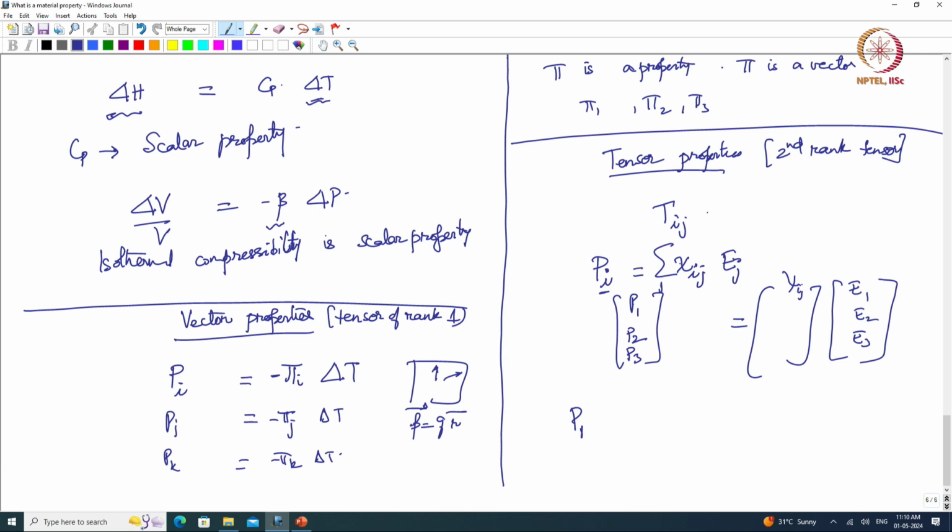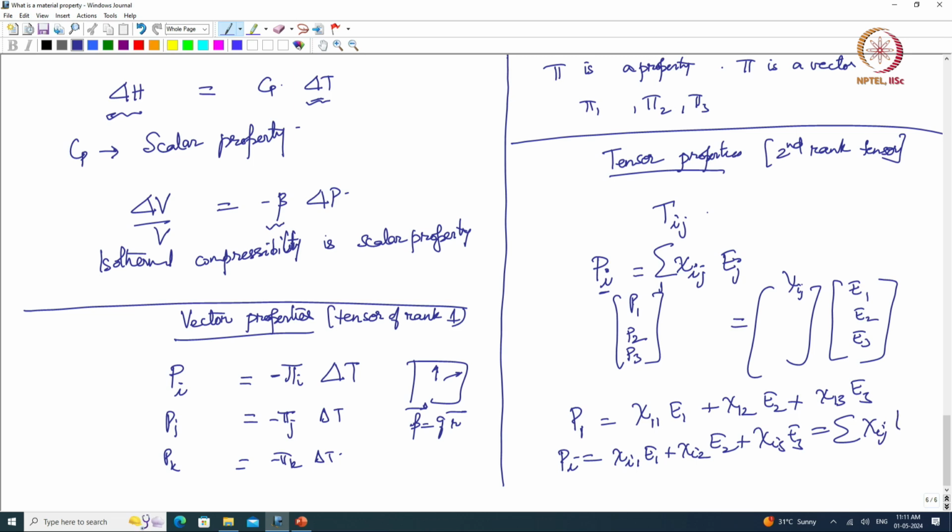I can write P1 as chi_11 E1 plus chi_12 E2 plus chi_13 E3. In general I can write Pi as chi_i1 E1 plus chi_i2 E2 plus chi_i3 E3, or the sum of chi_ij E_j with a summation over j.